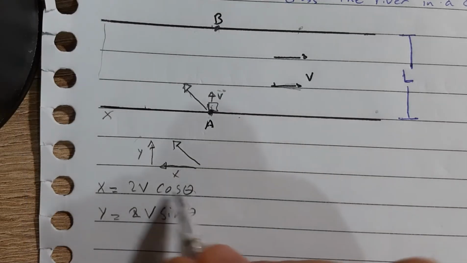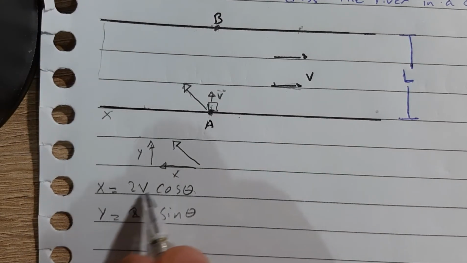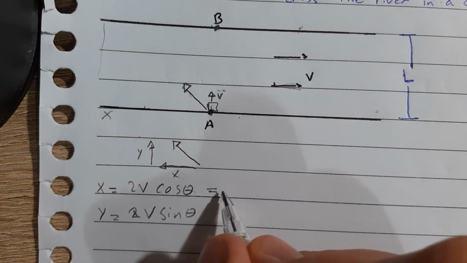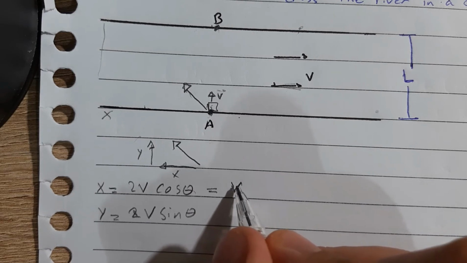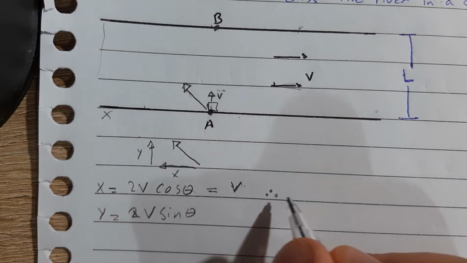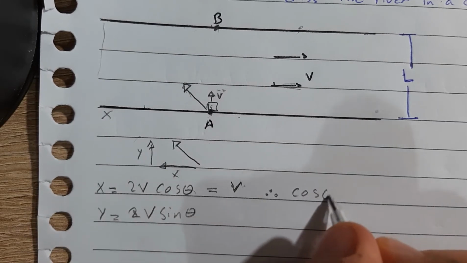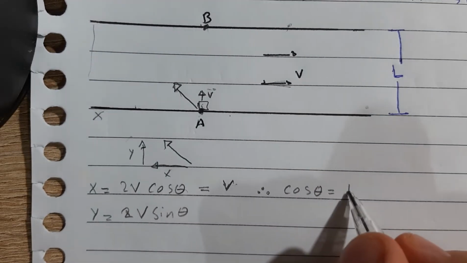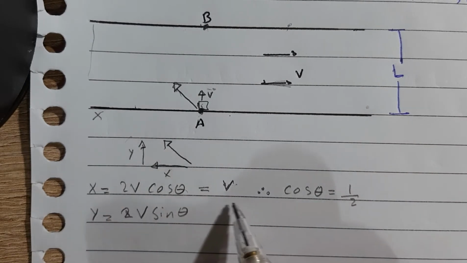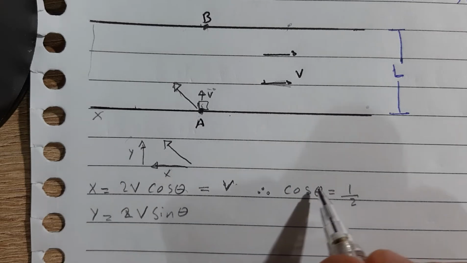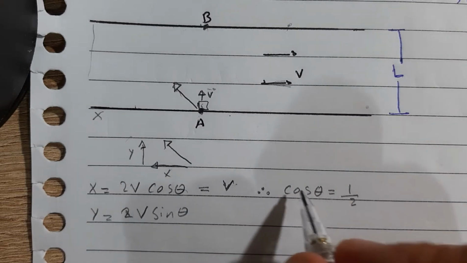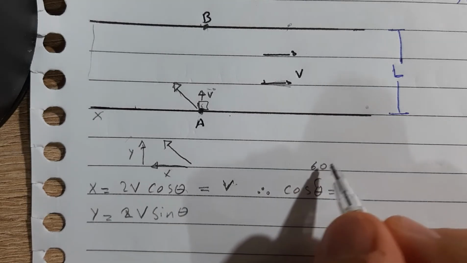Now remember, this one needs to cancel the speed of the river, so you can say it is equal to the speed of the river, which is v. So you could say that cosine of theta is equal to a half. V cancels and the 2 goes to the other side, okay? So cosine of theta equal to a half is actually 60 degrees.